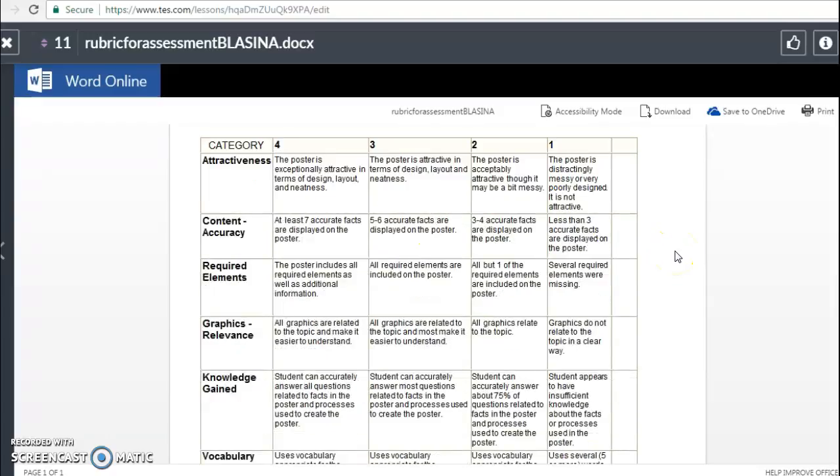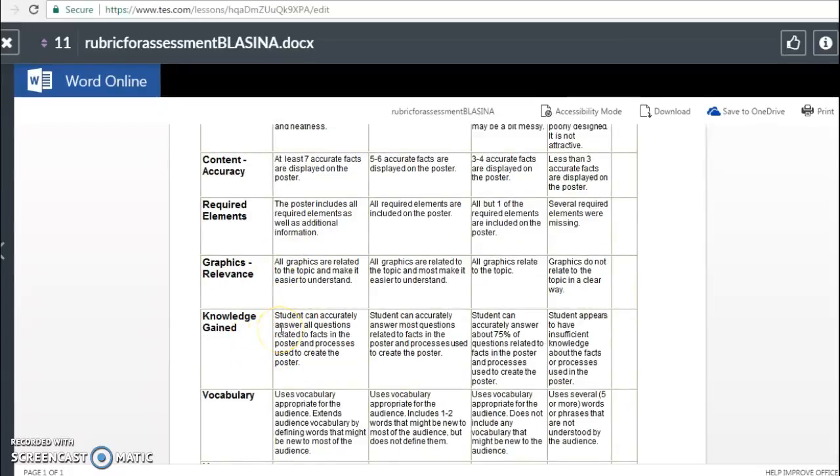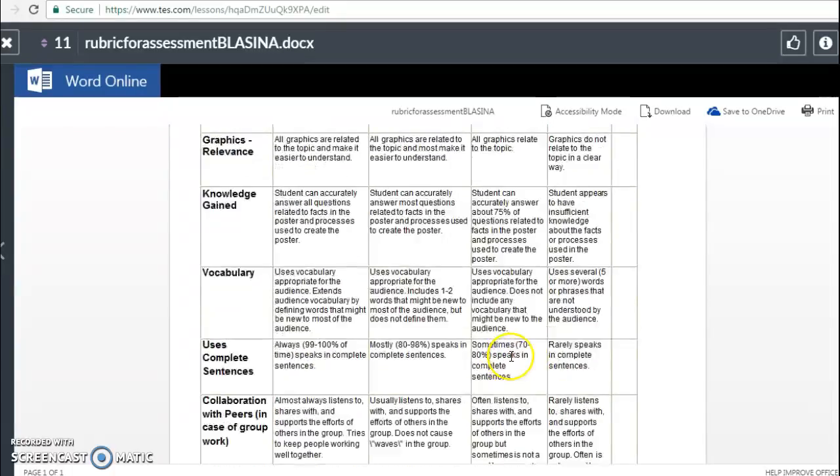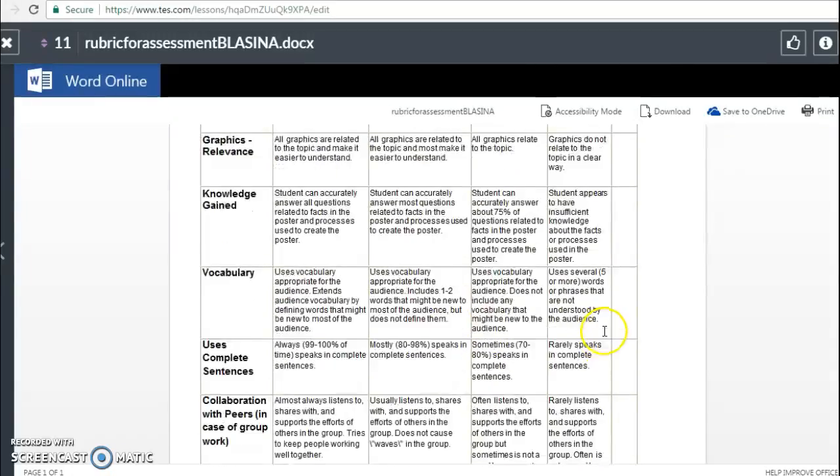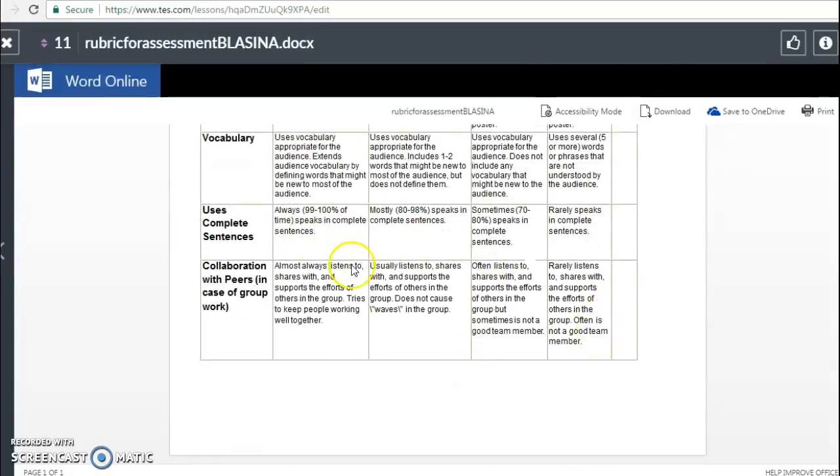The categories that I chose: attractiveness of the poster, content accuracy, required elements that were given at the beginning, the relevance of the graphics used, the knowledge the students have gained, so there would be a discussion, speaking activity, the vocabulary used, the collaboration with peers in case, for example, of group work, etc., and the use of complete sentences, so fluent or sufficiently fluent use of English, of the English studied.